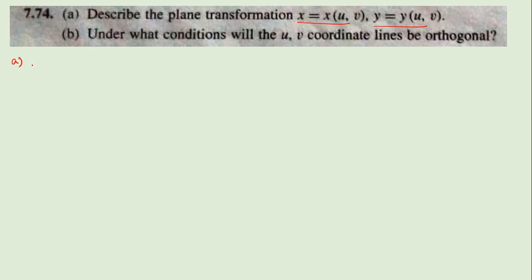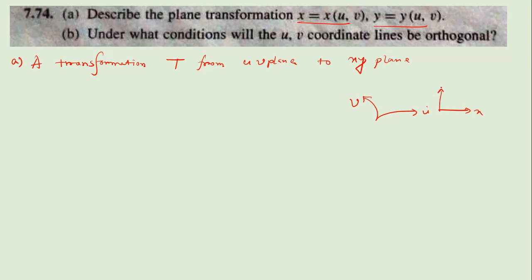So what do we mean by the transformation? A transformation T from the uv plane to the xy plane is a function which maps points u comma v to point x comma y.